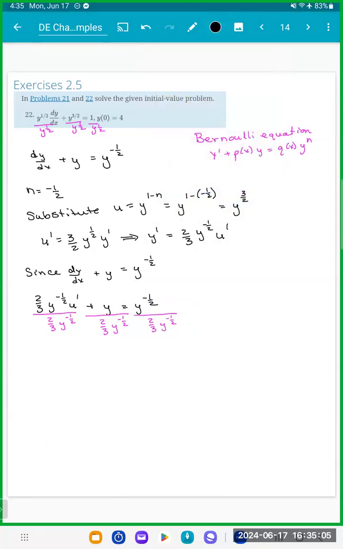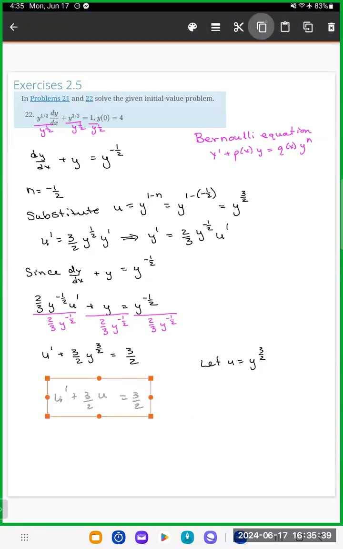And that's going to simplify to u prime plus 3/2 y to the 3/2, and that equals 3/2. Okay. If we let u equal y to the 3/2, we end up with u prime plus 3/2 u equals 3/2. Let's take this to the next page.